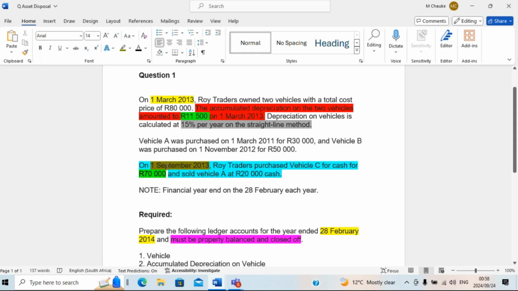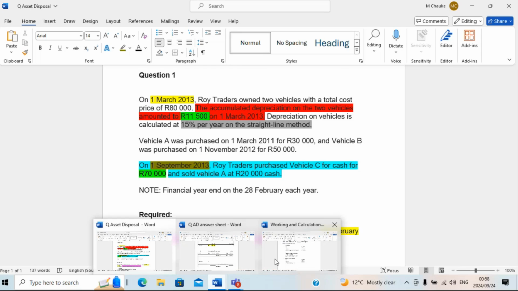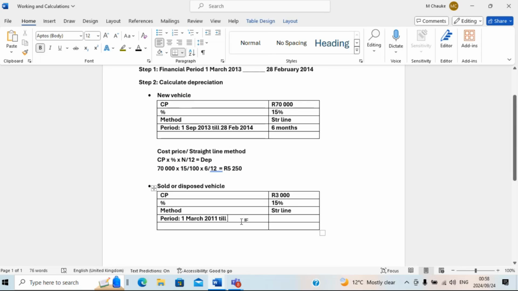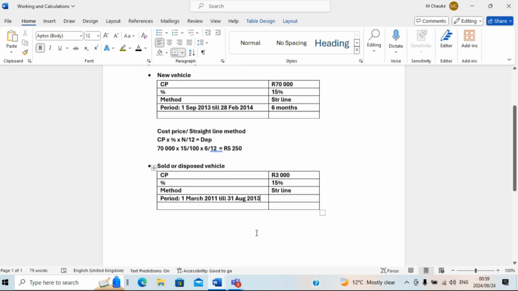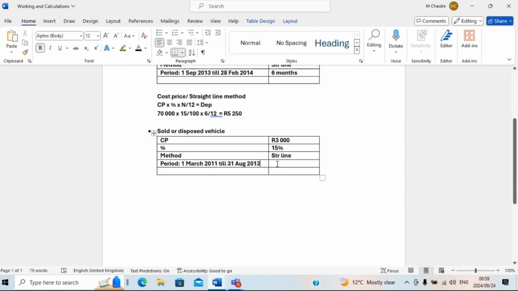So that means the vehicle was there from the 1st of March 2011 until the 31st of August 2013. That's how we're going to calculate depreciation for this one. Now let's see how many months.